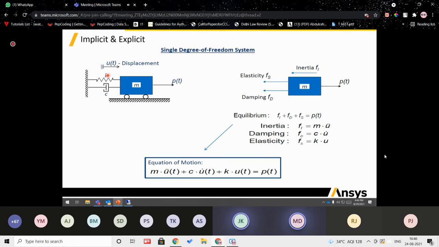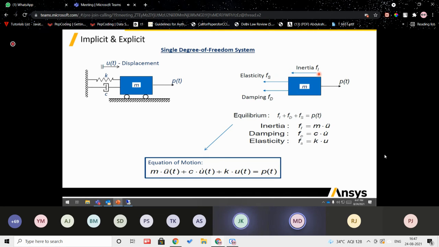If you look at the image on the left hand side, this is your mass block, attached with a spring of some stiffness and a damper with some damping coefficient. Then we are applying an external force on this body. So how will it behave? If you see the free body diagram of this body, we have the elastic force, the damping force, and the external force.